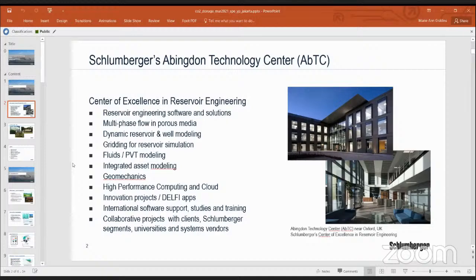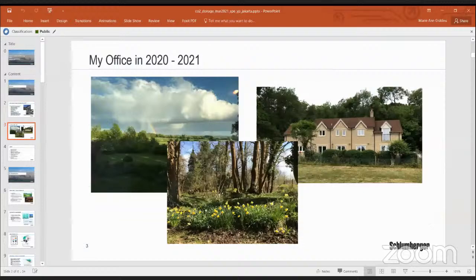So we have a very busy time when the office is open, and there are usually about 200 people there. At the moment, it's empty, like in this picture. And I'll show you what my office is like at the moment.